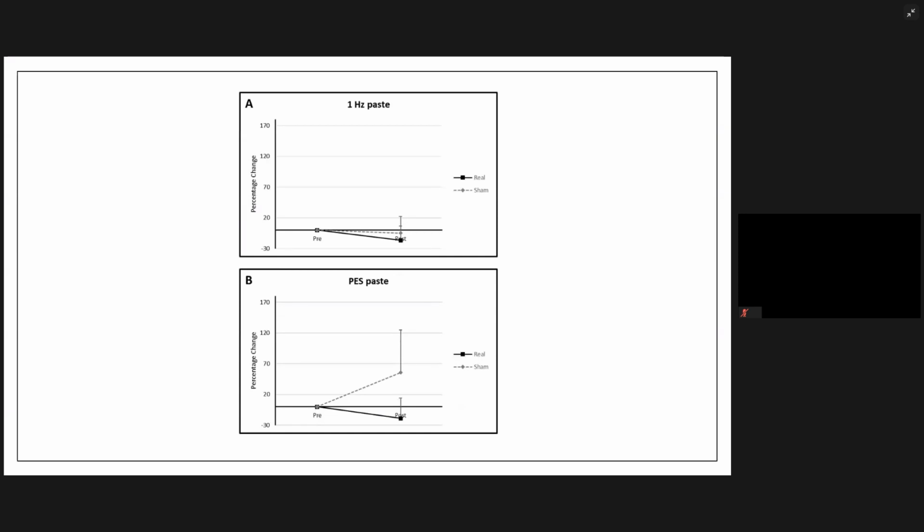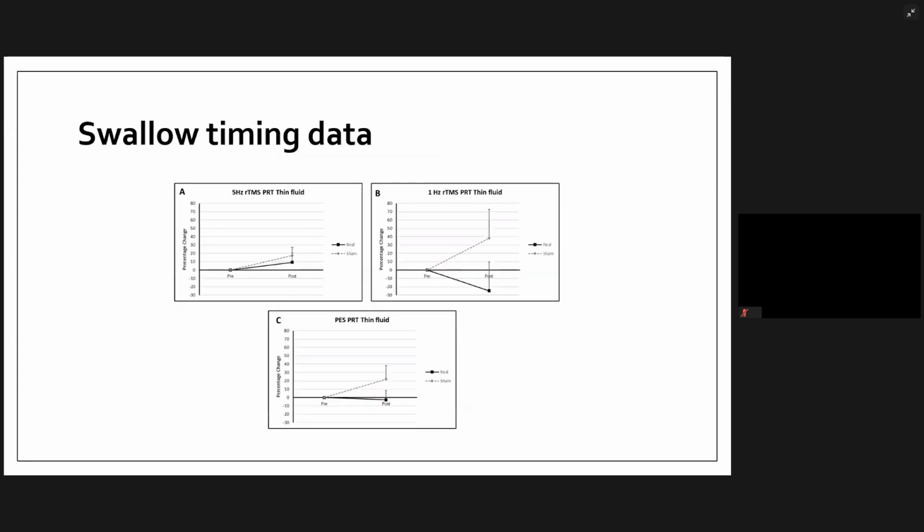This relationship held true for fluid of a paste consistency. With regards to swallowing timing data, there was also some separation, as can be seen in these graphs of pharyngeal reaction time. As you can see, following real or active stimulation, participants had better reaction times than following sham stimulation.